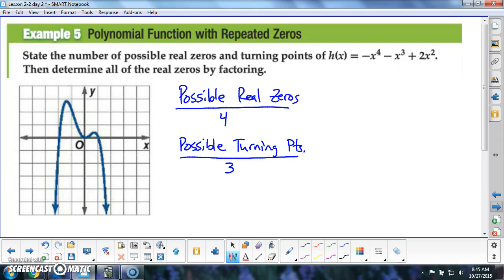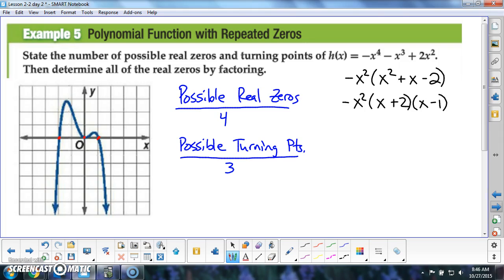Then determine all the real zeros by factoring. Well, if we look at the graph, we can see that there is 1, 2, and then this 0 right here, because it touches the x-axis and not crosses it, it's counted as a repeated 0, so that counts as 2. Okay, so finding those, we would factor negative x squared out of everything, leaving us with x squared plus x minus 2, and then from there we could factor that into x plus 2 and x minus 1.